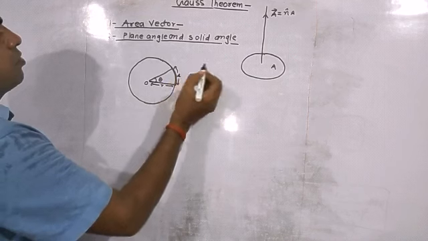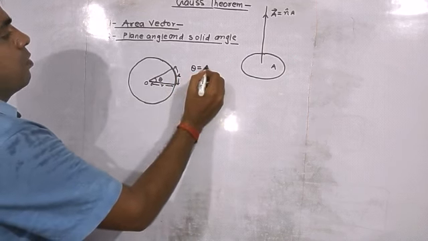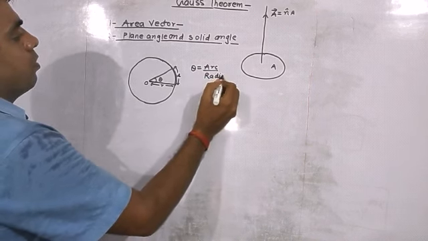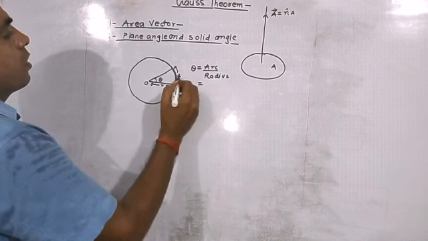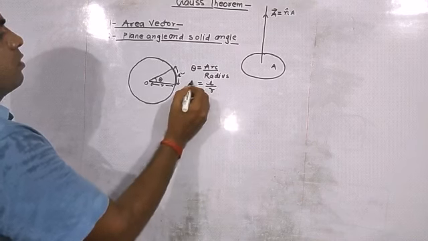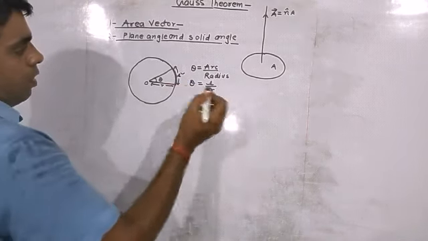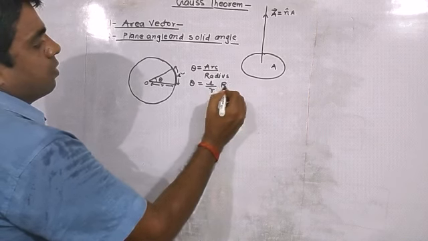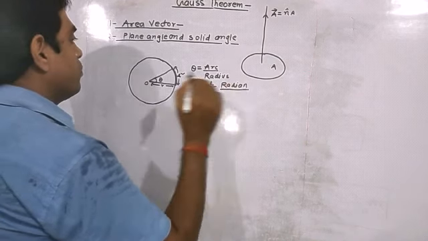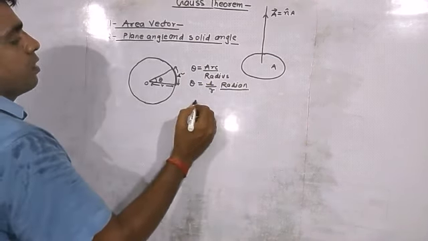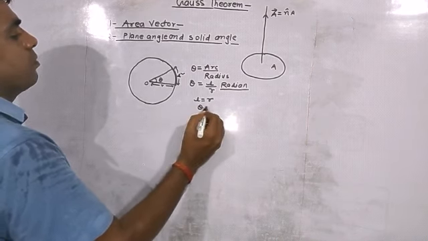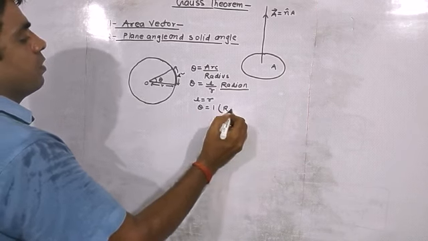Here the plane angle, since we know that angle is equal to arc upon radius, here the arc is written as L and the radius is taken as R. So this is the plane angle, and the unit of plane angle is radian. Now suppose we wish to define 1 radian. If we write L is equal to R, then theta becomes 1, that is 1 radian.